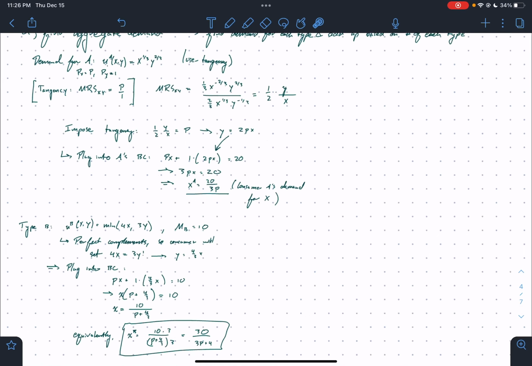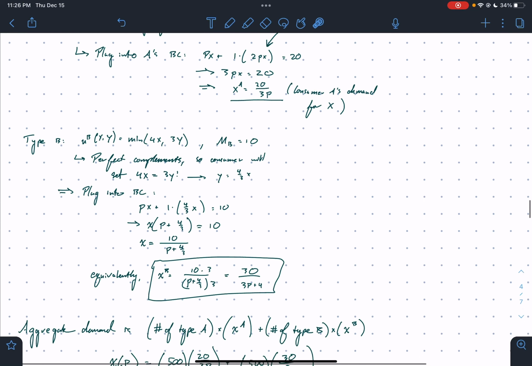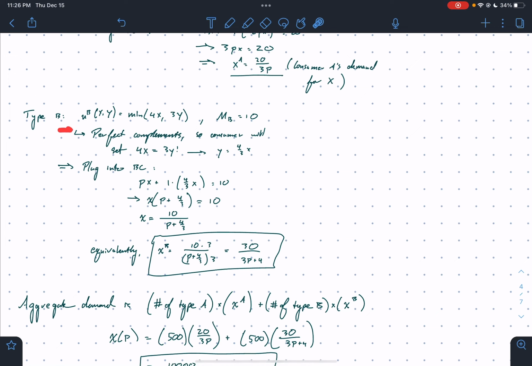We plugged it into the budget constraint for the consumer and solved for the demand for X. Then for type B, we recognize that they have a perfect complements utility function, so they will optimally set the inputs of the function equal to each other. This gives us a natural relationship between y and x, which we plug into the budget constraint right here. This allows us to solve for x as a function of p.